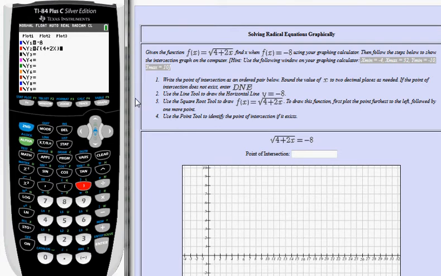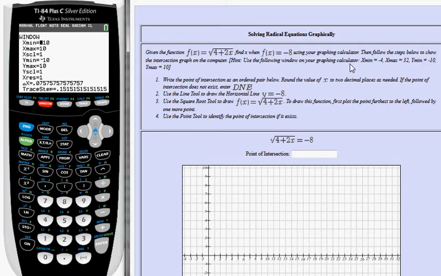Before I graph it, I want to make sure I'm in a good window. So I'm going to press window, and you can just type over whatever window you have with these values. The suggested window has an x minimum of negative 4. So I'm on x min, I'm just going to type in negative 4. It types over the old x min, so that the furthest to the left that we'll see is negative 4. I'm going to down arrow.